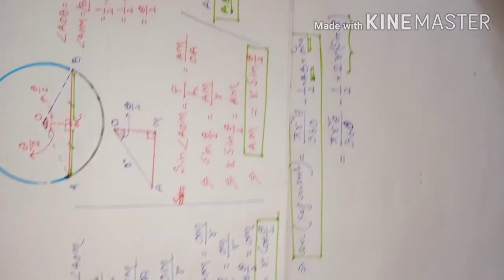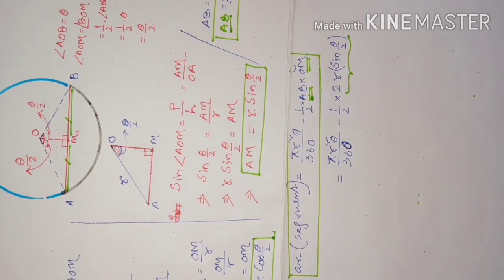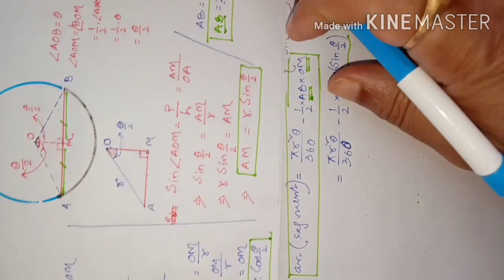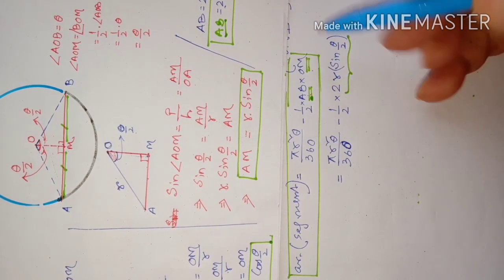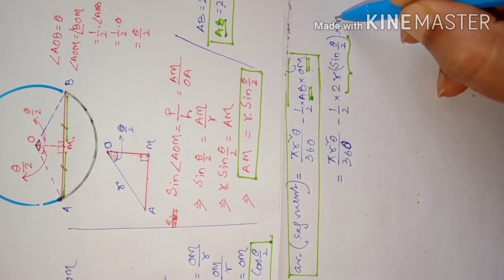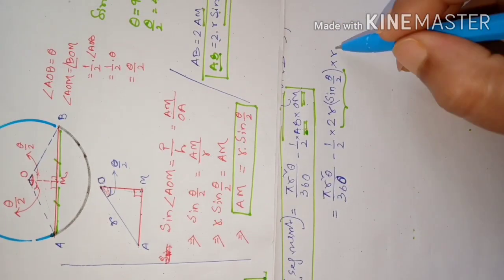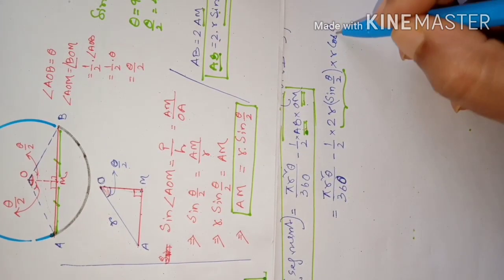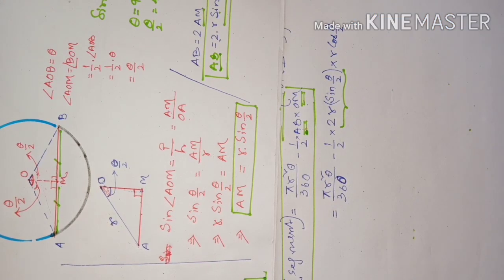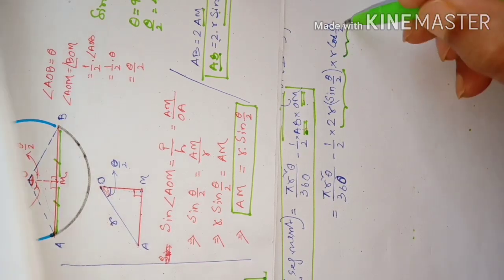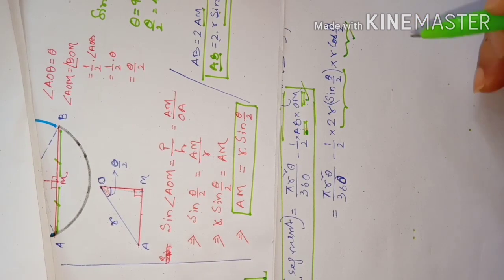Then we can substitute this OM now. We can substitute here. What you can write? OM as R times cos theta by 2. This is for OM. This OM is now substituted.